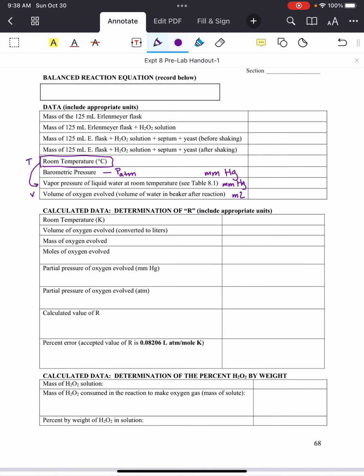Since we have our room temperature in Celsius, we can get our room temperature in Kelvin by adding 273.15. So now this unit will be in Kelvin. For the volume of oxygen evolved, we're just going to take our volume from here, and we're going to divide by 1,000 to get the volume in liters.